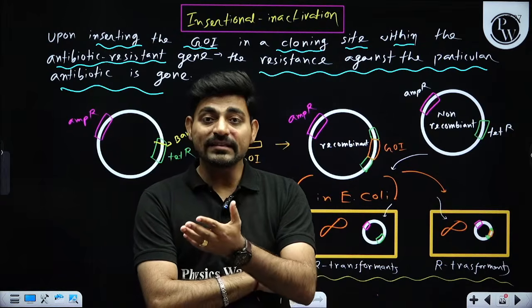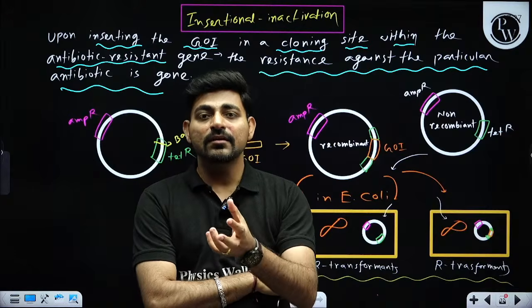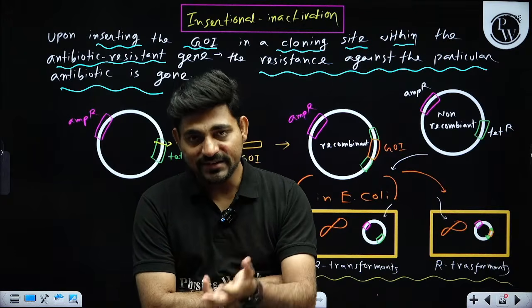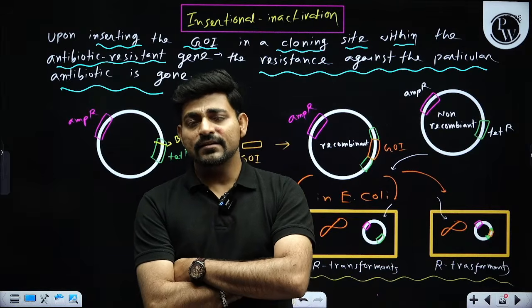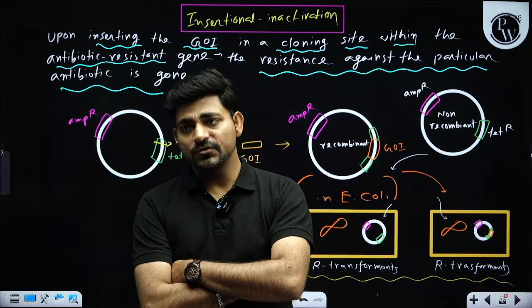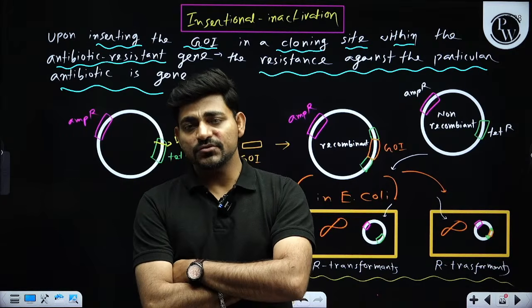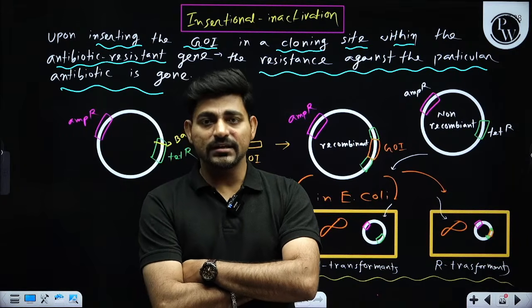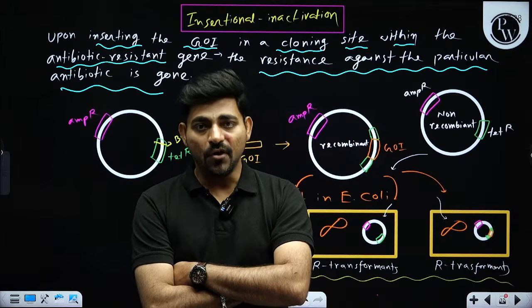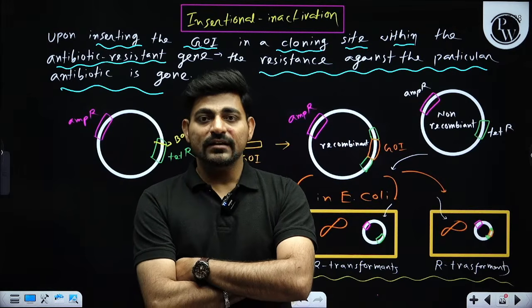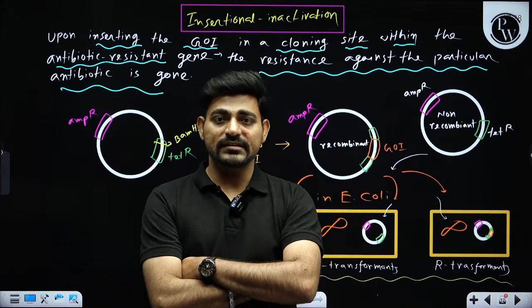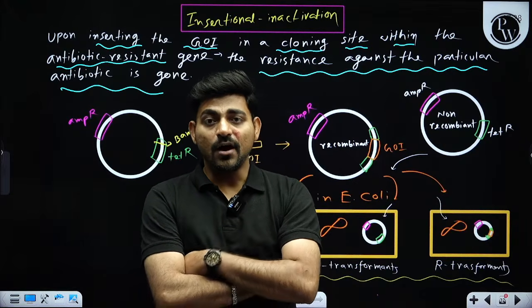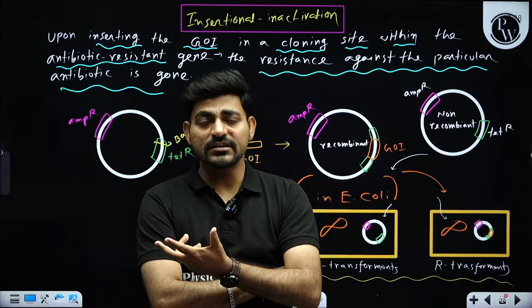By treating this bacterial colony with ampicillin and tetracycline, we get the confirmation whether the host bacteria which we are culturing in our laboratory to produce the product are transformed or not. But if they are inactivated upon insertion of the gene of interest, then how do we get the confirmation?